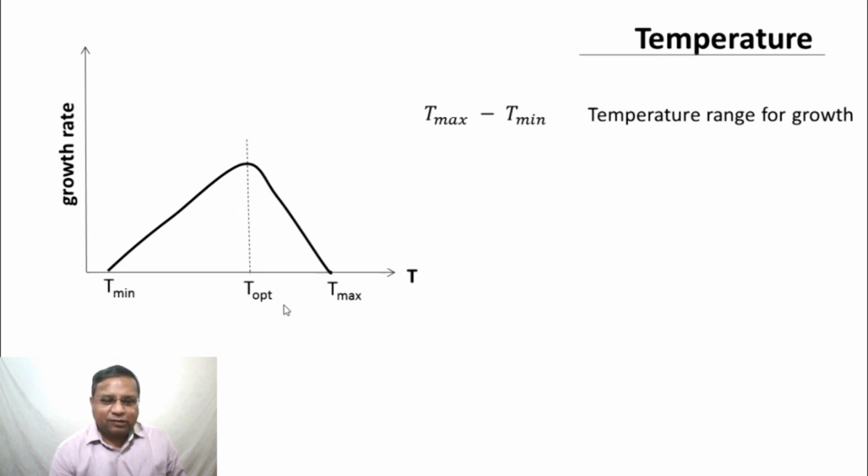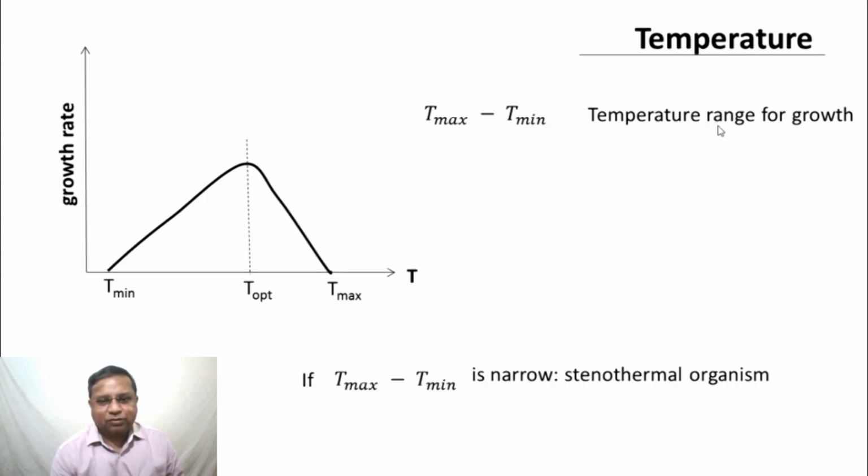Coming back to this, the range of temperatures over which the growth occurs, in other words, mathematically T max minus T min, is called the temperature range for growth. If this range T max minus T min is narrow, relatively speaking, these are all relative, we just cannot pin it down to very firm numbers.